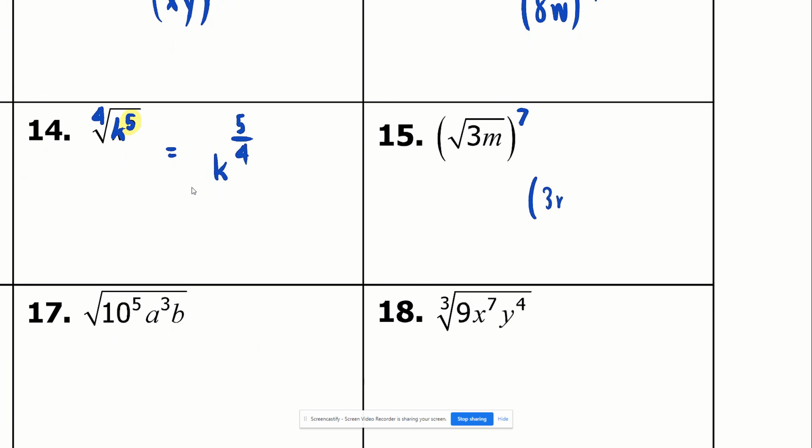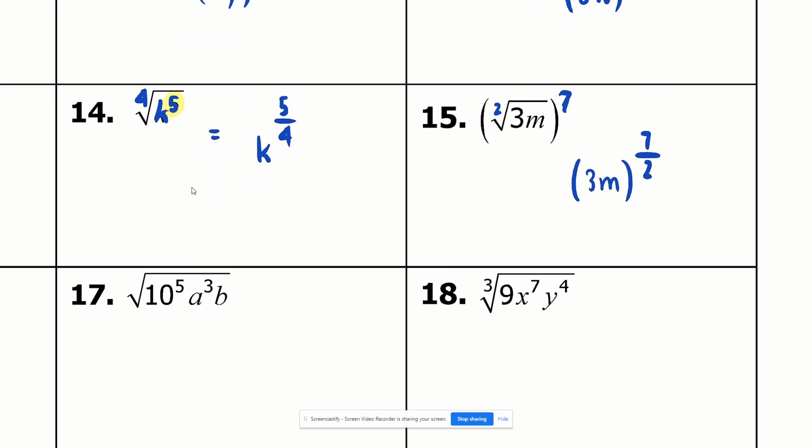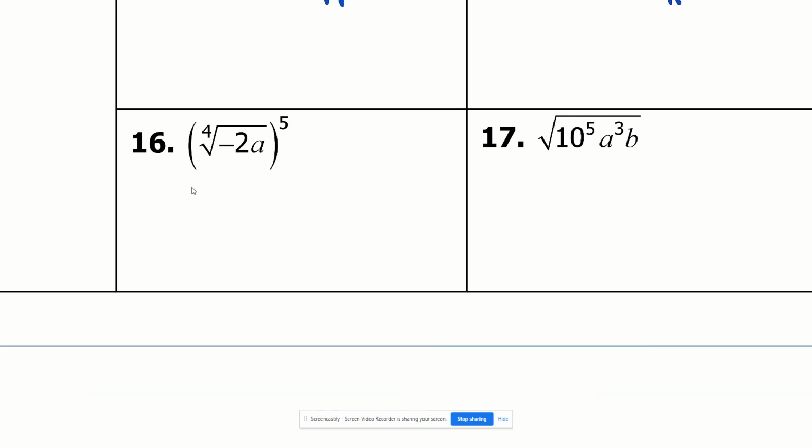So 3m is being raised. This is understood to be a 2, the denominator. This is the numerator, because it works the same way. So just know that even if it's on the outside, you're skipping a step just knowing that it does the same thing.